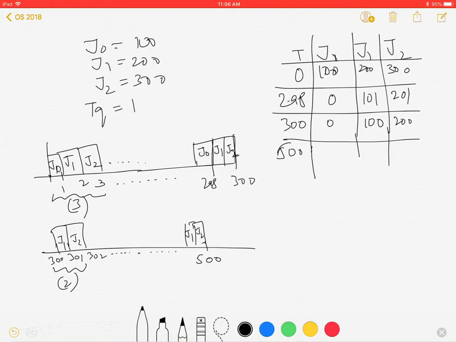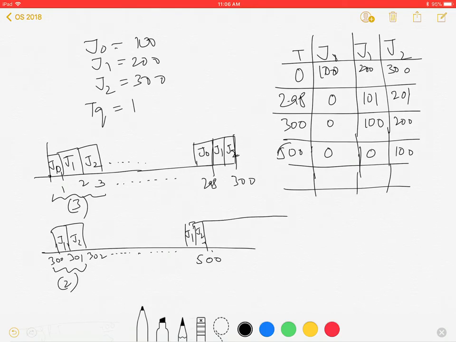J1 would now have consumed these 100 units. It will become 0. And J2 will have also consumed 100 units. It will still have another 100 units left. Now from time 500 to time 600, J2 is the only process which is left. So it will run continuously on the CPU.